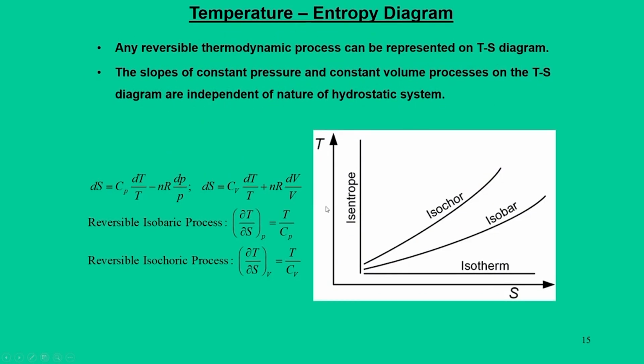Again, moving further, there are some important features for any entropy diagram we can draw. I have already demonstrated what an isentrope is, a constant entropy line in a TS diagram, and what an isotherm is, a constant temperature line in a TS diagram. There are other processes, like the isochoric process, where volume is equal to constant, and the curve goes in this manner.